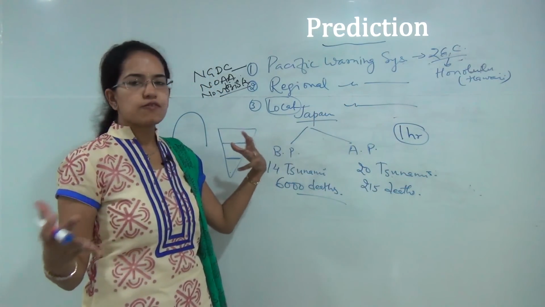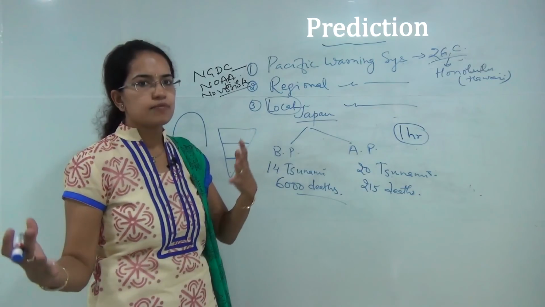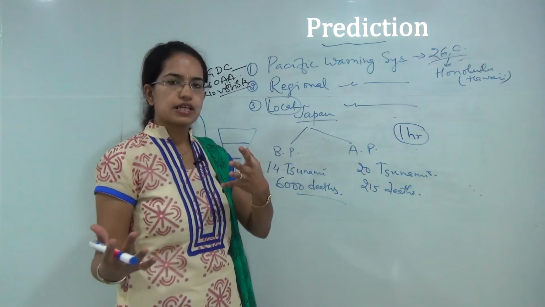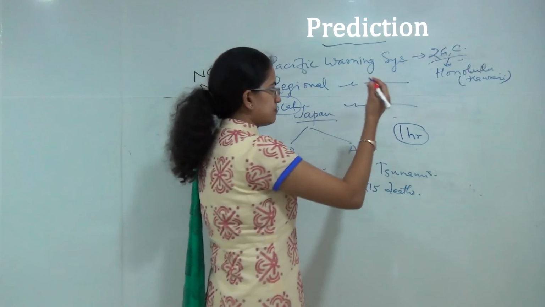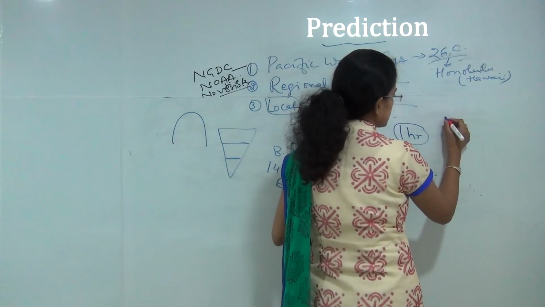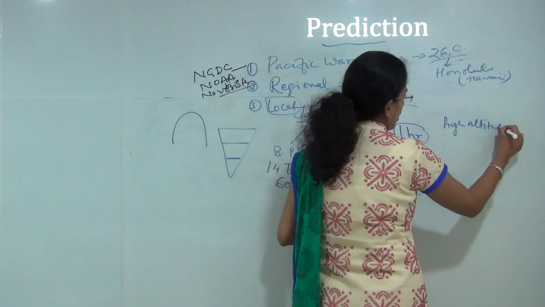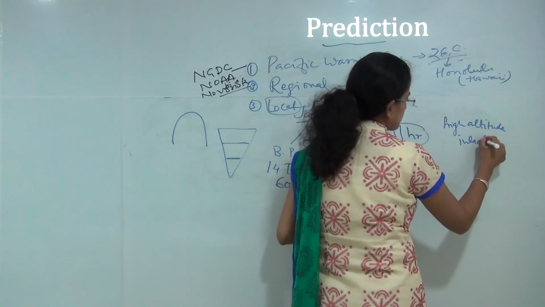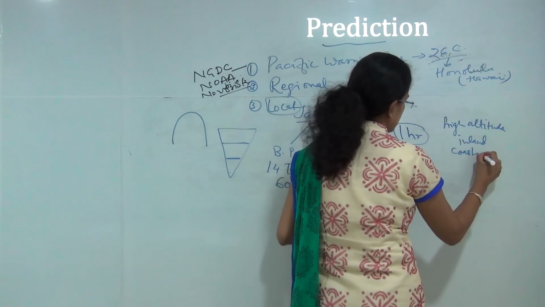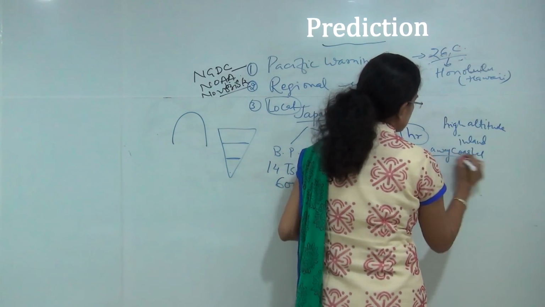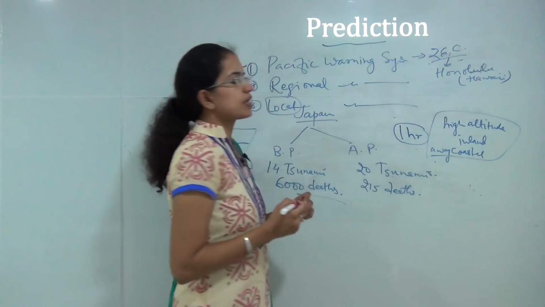So it gives ample of time for people to get prepared and to have a kind of self-defense. The best self-defense that the guidelines provide is moving on to a high altitude area or towards the inland away from the coastal area. So these are some of the major guidelines that are provided under the warning system.